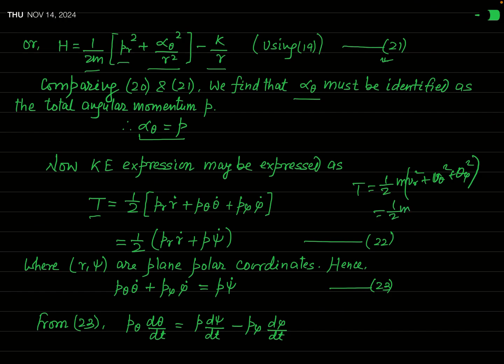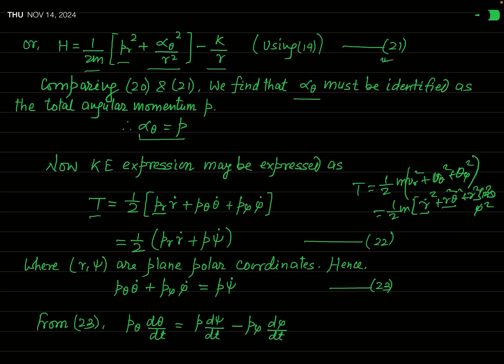This will be half m times r dot square, plus r square theta dot square, plus r square sine square theta phi dot square. Okay. But you know m times r dot will be p r.